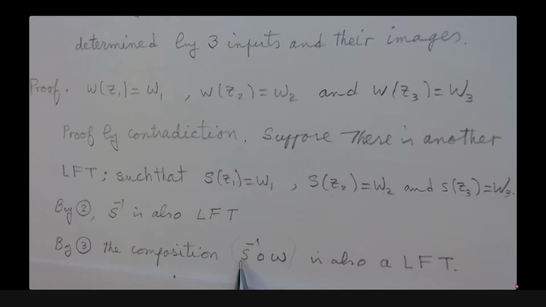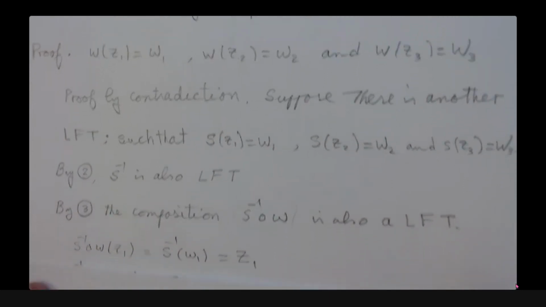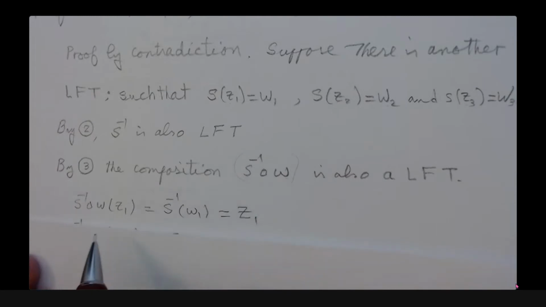But let's see what is the behavior of this function on those 3 inputs. Look, if I plug Z1, W of Z1 is W1, but S inverse of W1 will be Z1. So S inverse composed with W, which is a linear fractional transformation, here Z1 will be a fixed point for this function.